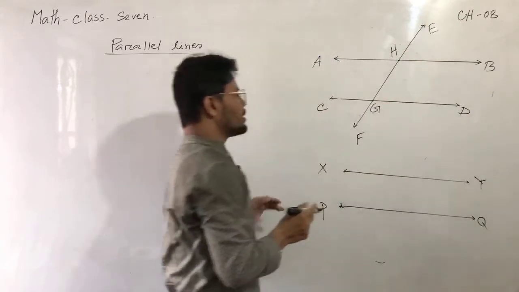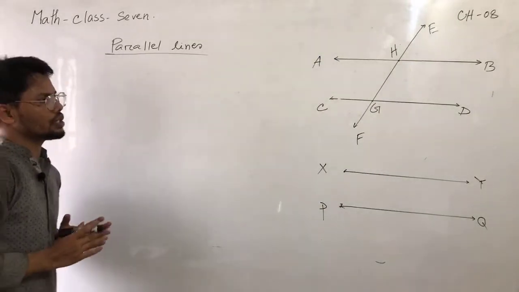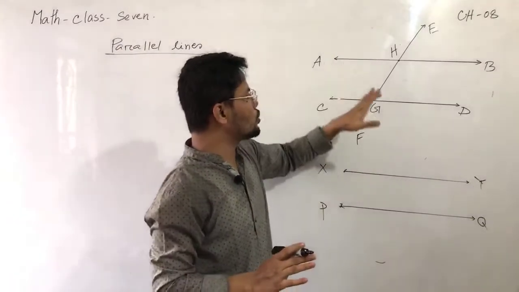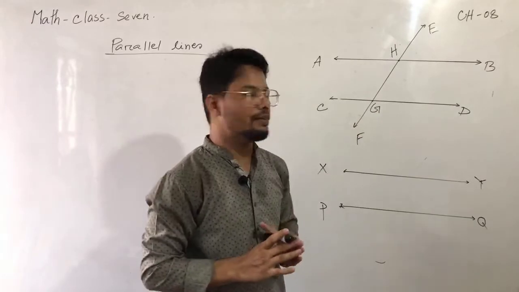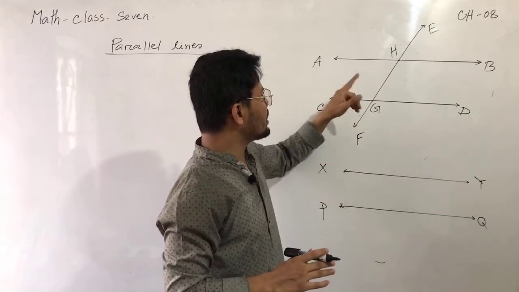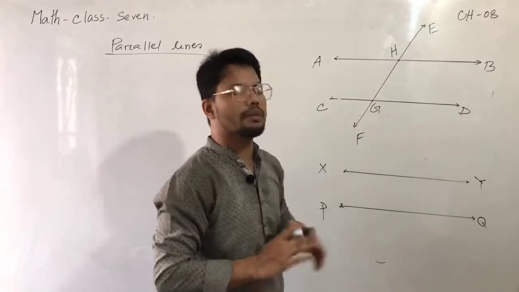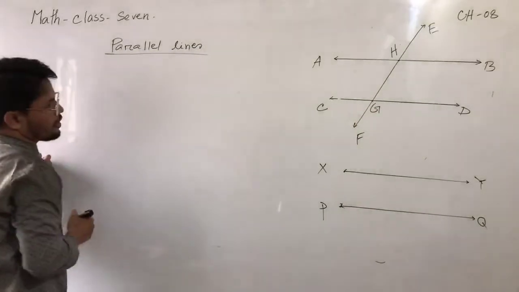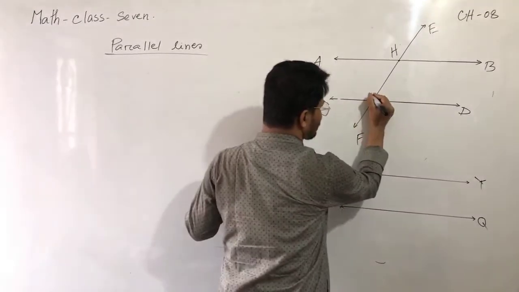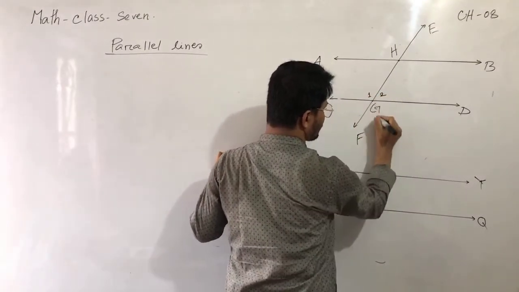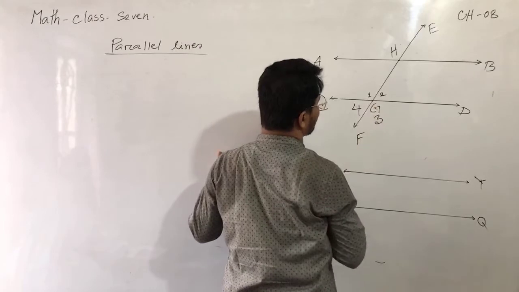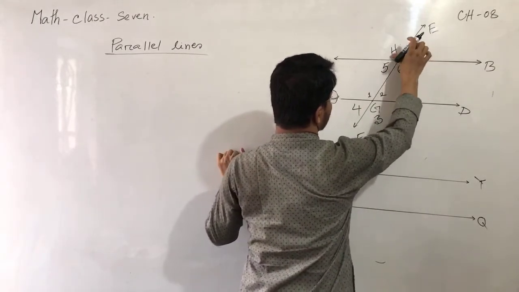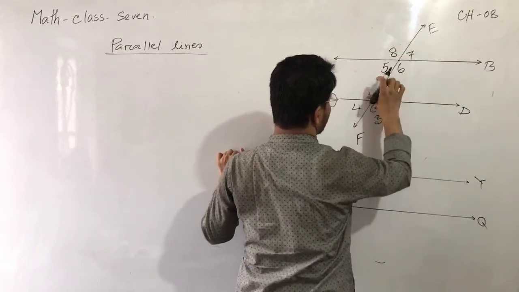So basically this is related to our content today. My dear students, give attention. These are the two parallel lines, and the transversal EF intersects the parallel line AB at the point H and CD at the point G. Now using this, we can label the angles: this angle is 1, this angle is 2, 3, 4, 5, 6, 7, and this angle is 8.